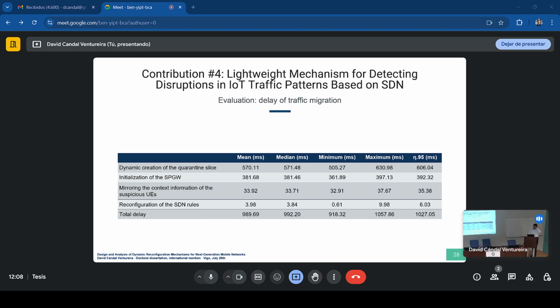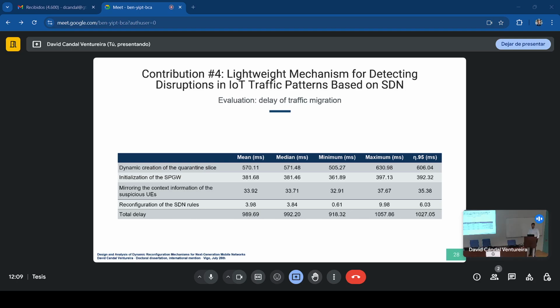In addition to the theoretical analysis, we implemented this solution in a testbed in order to measure the delay in steering the data flow to the quarantine slice in a real-world setup. And for this, we deployed a test LTE base station and core network and an SDN controller and bridge.